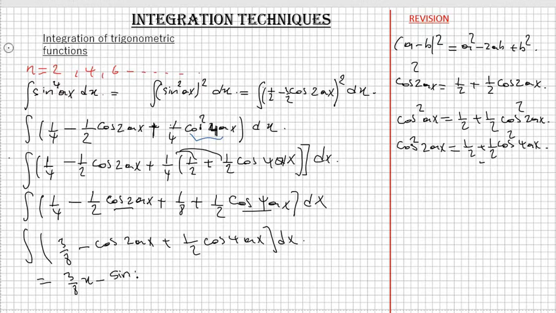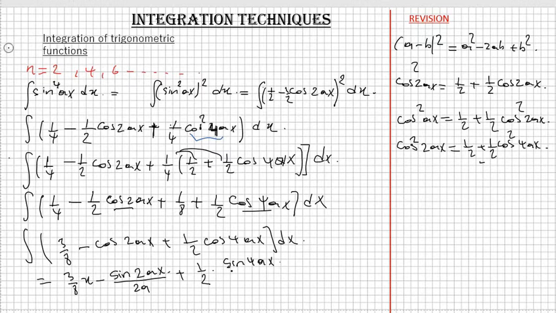So I have sine 2ax. When you integrate, you always divide the expression that you get by the coefficient of x. In this case, the coefficient of x is 2a. And then we have half multiplied by, so when you integrate cos, we get sine.